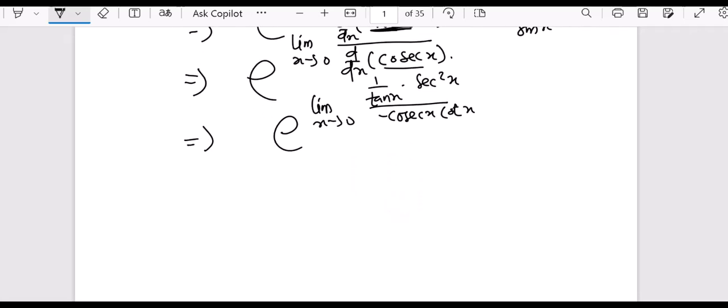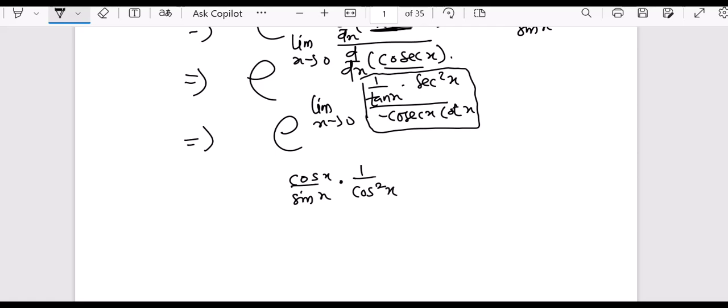So we do our manipulations. If I manipulate this part, 1 over tan x is the same as cot x, and cot x is cos x over sine x, times sec squared x, which is 1 over cos squared x.